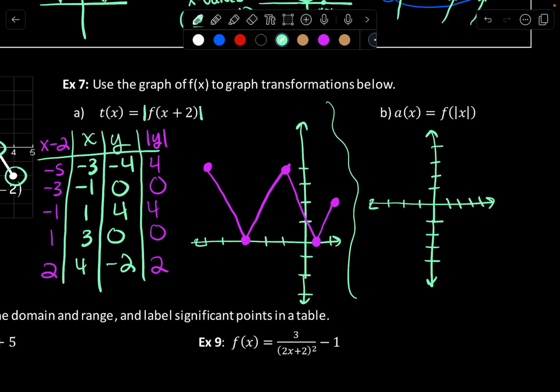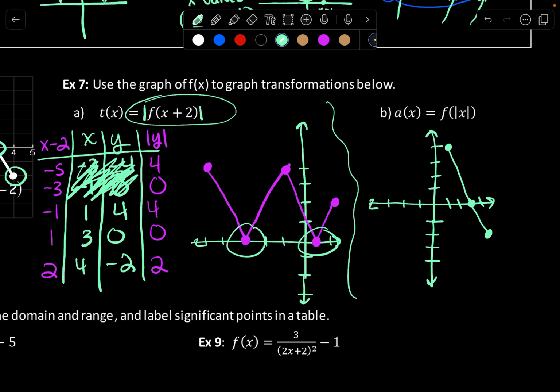All right, so I'm going to ignore the negatives. They're gone. Gone forever. So we have 1, +4. And then 3, 0, and then 4, -2. Now, just like when we were applying it to the outputs, it's reflected over the x-axis, so we wanted those x-intercepts.